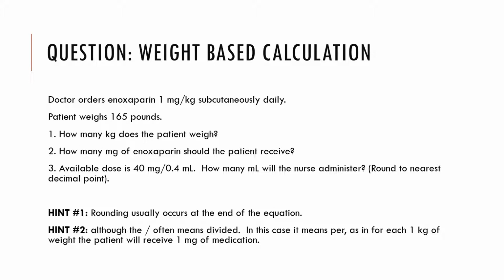So that means it becomes multiplication rather than division. It's not really meant to confuse you. It's just a math thing is what it boils down to. So when you see it as is here per kilogram or per 0.4 ml, you have to think of it as per.